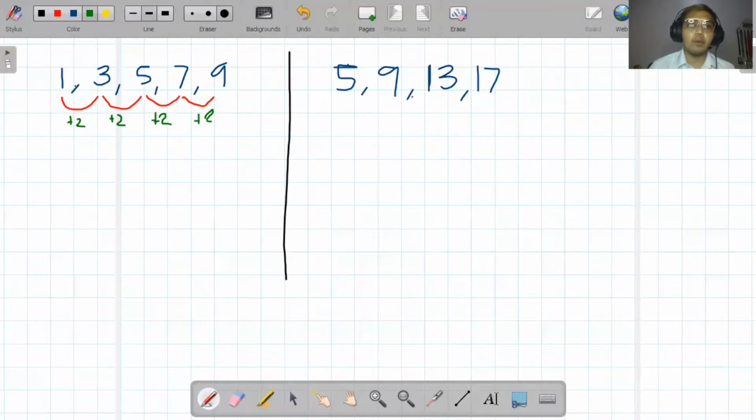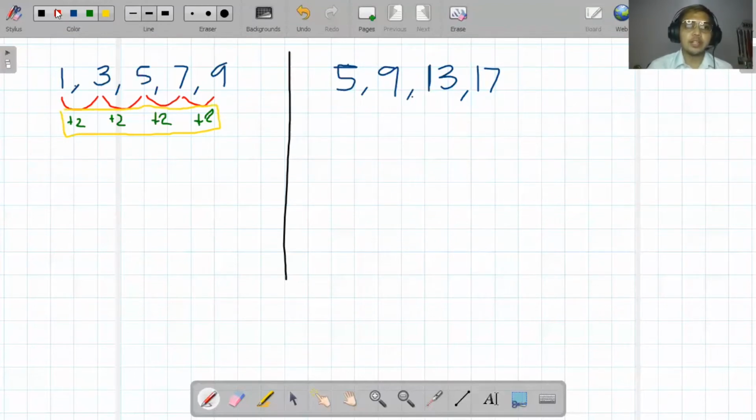So therefore, the pattern is plus 2. The rule is we get the next term if we add 2 to the previous term. 1 plus 2, 3 plus 2, 5 plus 2, 7 plus 2 for us to get the next term. So the pattern here is plus 2.